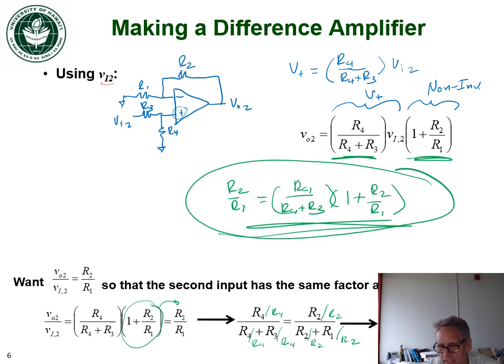So that is the key: the ratio of these resistors, R2 to R1, must equal the ratio of R4 to R3 for this to make a true difference amplifier.